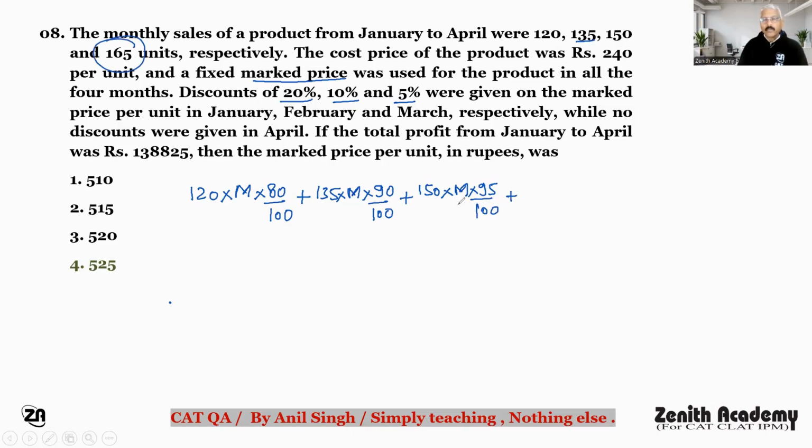Plus 165 units into M because no discounts were given in April.